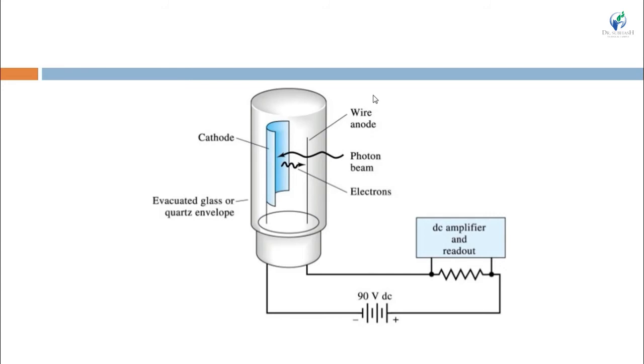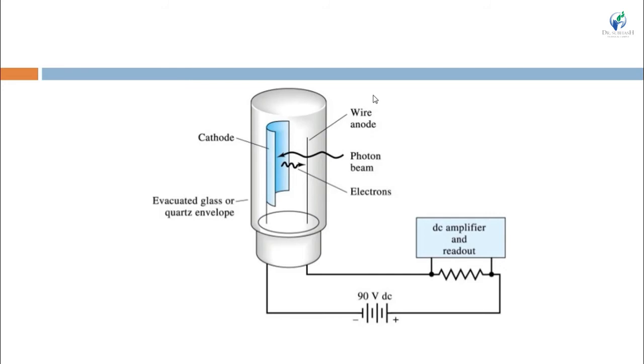Due to this movement of electrons from cathode to anode, a voltage difference between cathode and anode is generated, and due to this voltage difference, current flows. Right? This is the basic principle of these phototubes or photoemissive tubes.